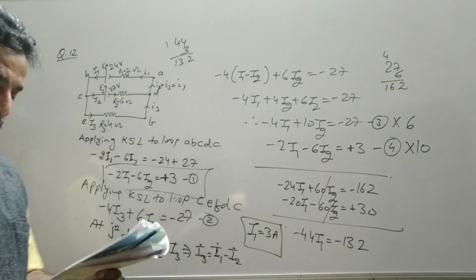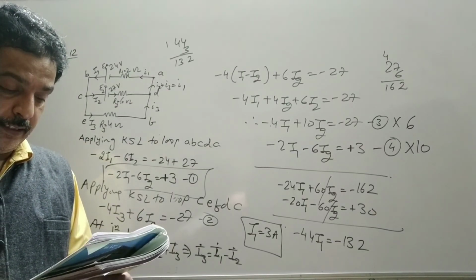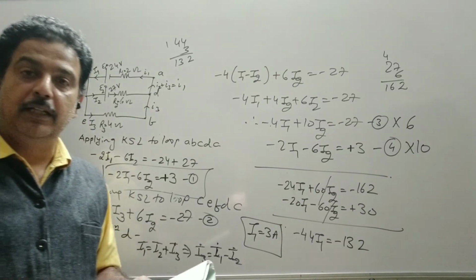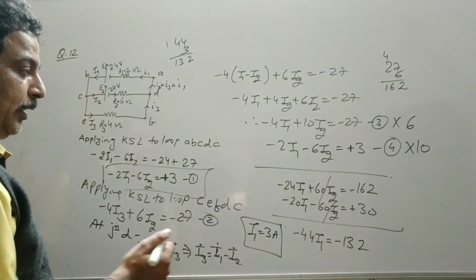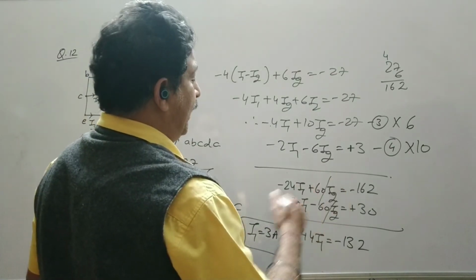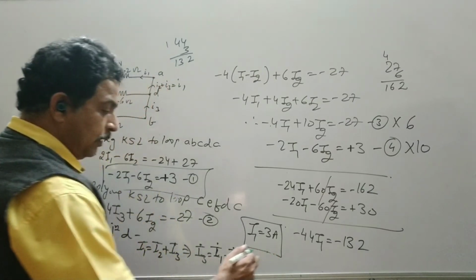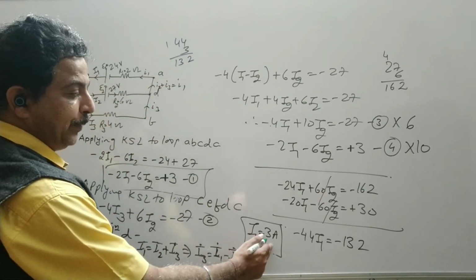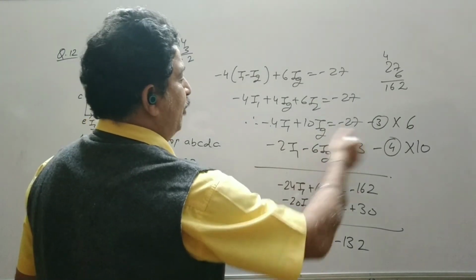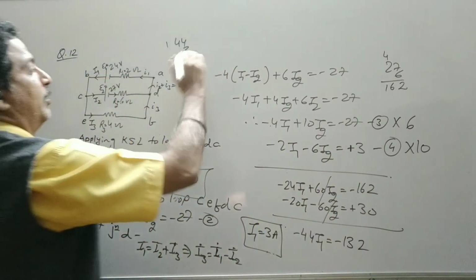So we go through our options. We have option A as well as option C as 3 ampere. So we have to calculate I3 also. First we calculate I2 by substituting this value. I1 is 3 ampere. So we take the help of any equation here. Let us take the help of equation number 1.